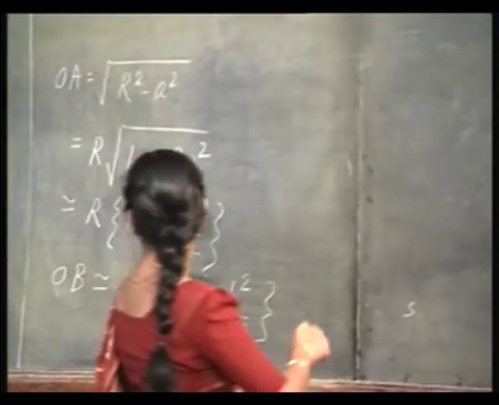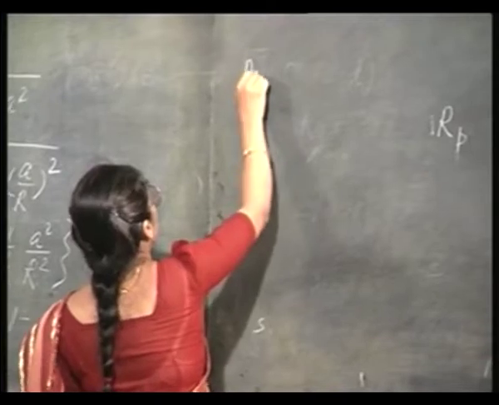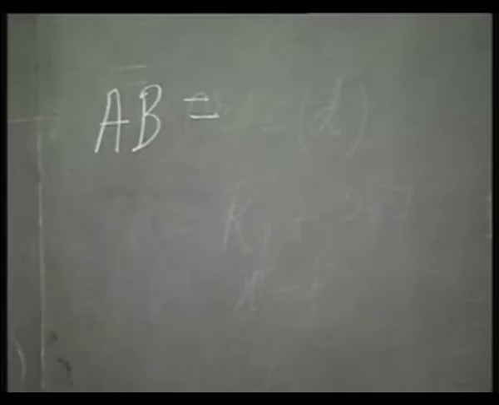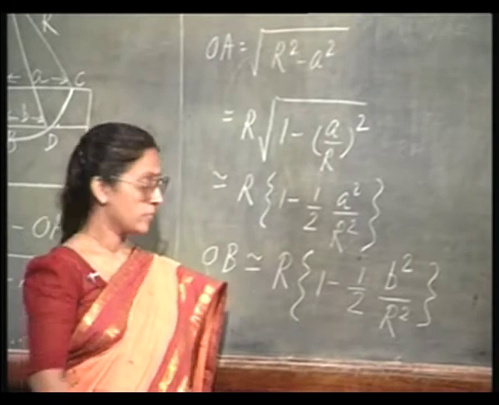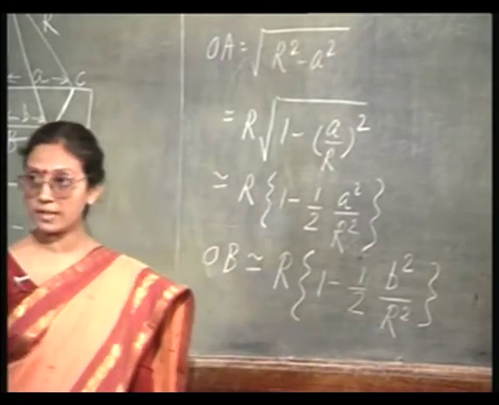Then my junction depth AB is given simply as the difference of OB and OA. So, you see R gets cancelled out.